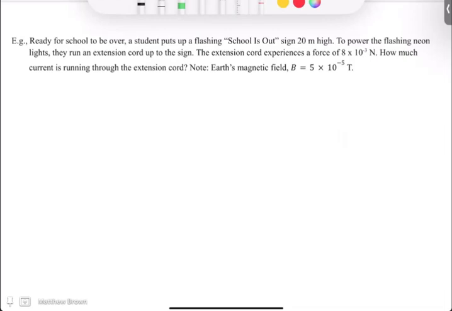And as a note, Earth's magnetic field, which would be the magnetic field present here, is 5 times 10 to the negative 5 Tesla. Right, so it's not really high. It's good enough though, right? It works. It certainly helps protect the planet from all those horrible charged particles the sun sends out this way.